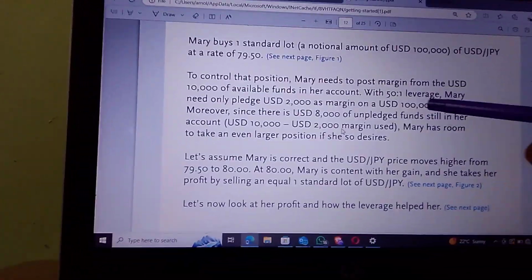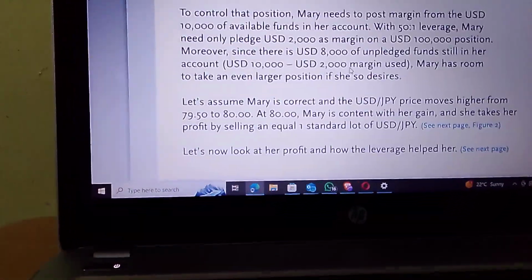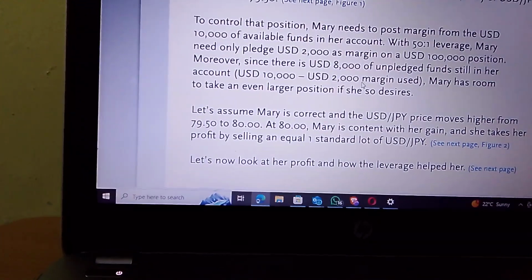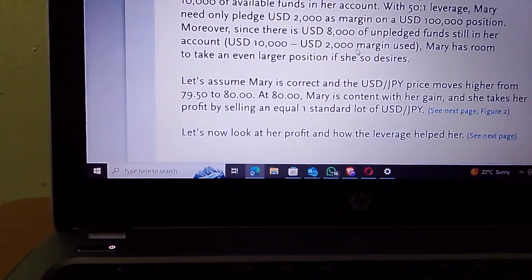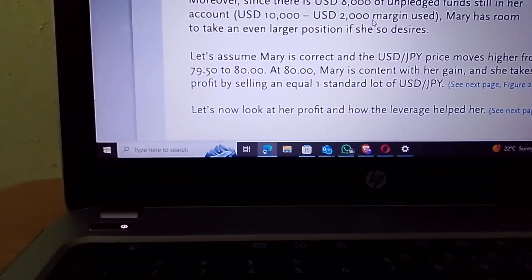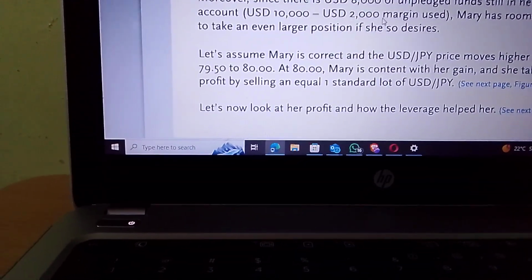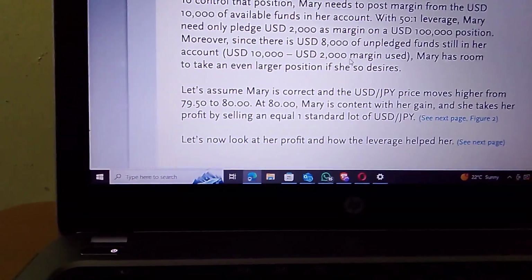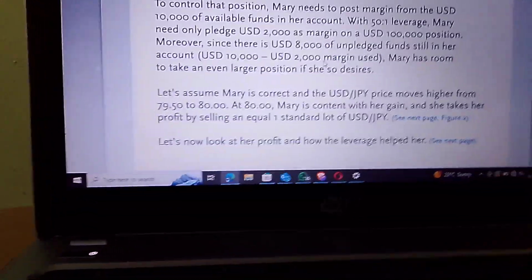So with 50 to 1 leverage, Mary need only pledge 2,000 USD as margin on a USD 100,000 position. So she'll only spend 2,000 of the 10,000 she had to trade with a position of $100,000.